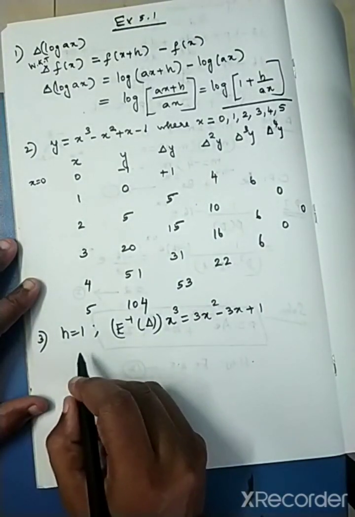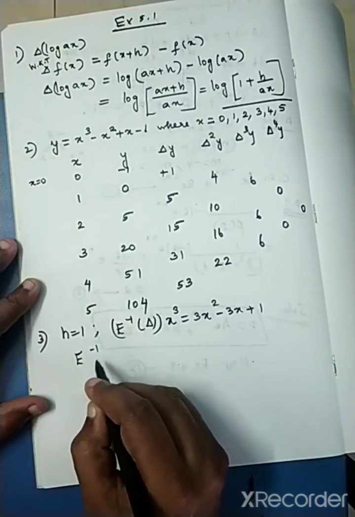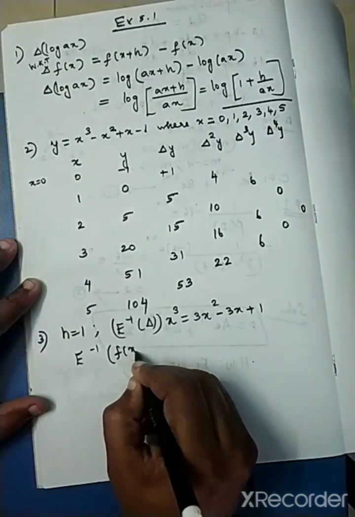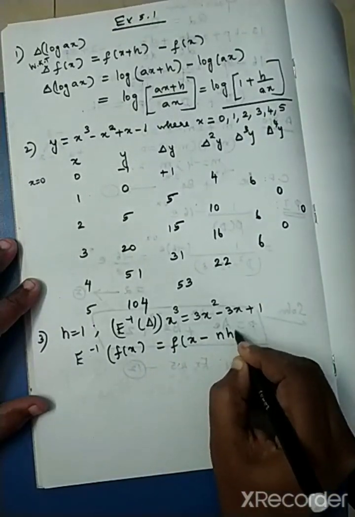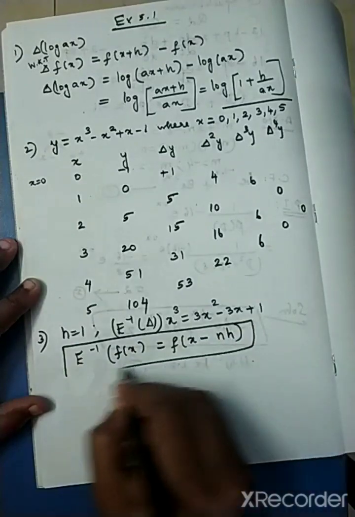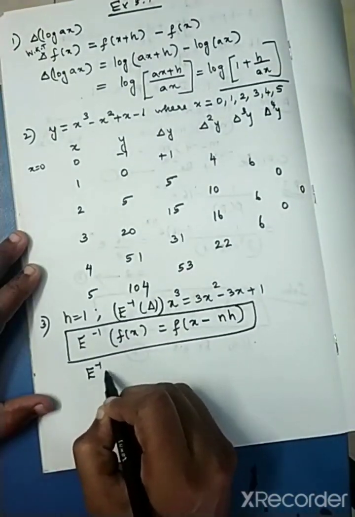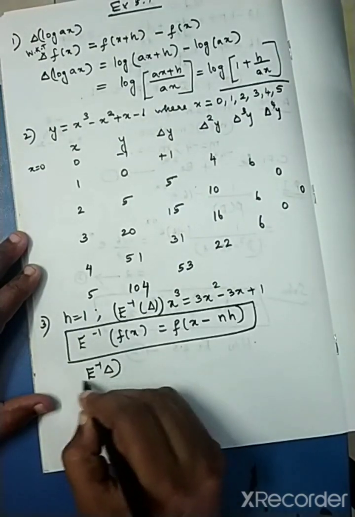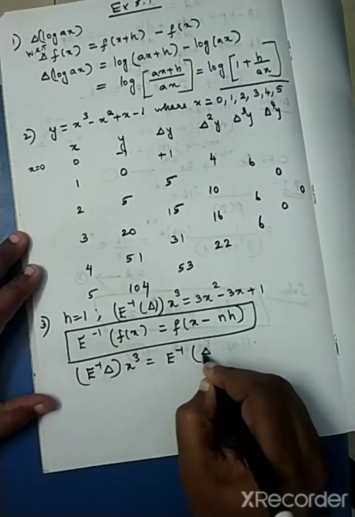We know E. Now we are going to find E minus 1, that is E power minus n or minus 1 into f of x is equal to f of x minus nh. This is the formula which we are going to use in this problem. Now I can write E minus 1, okay, into delta of x cube as E minus 1 into delta x cube.